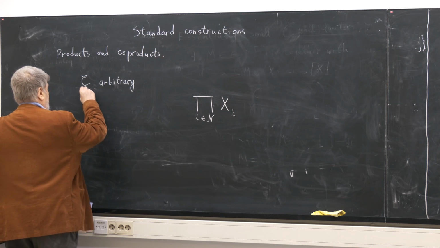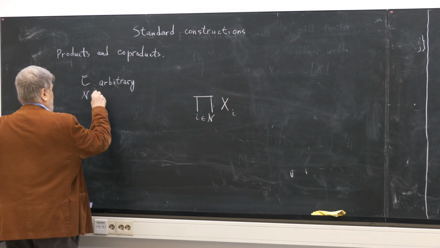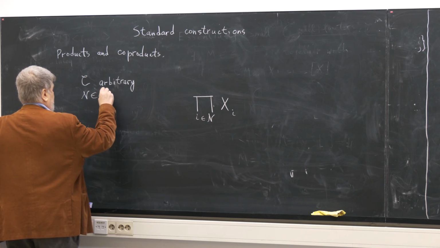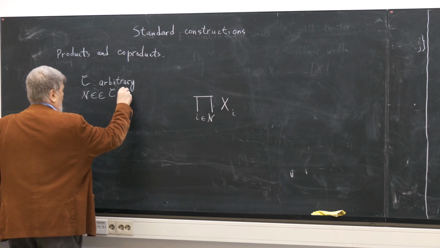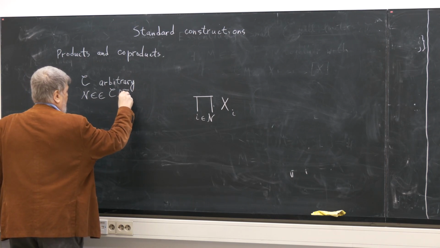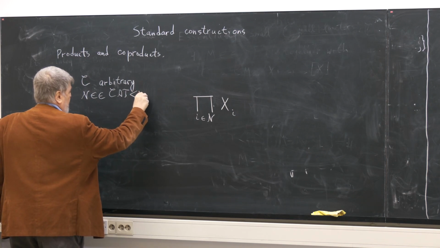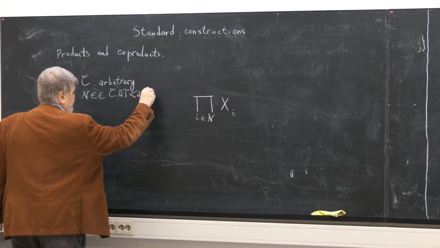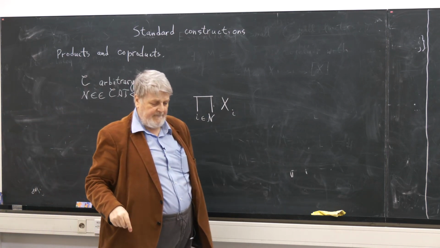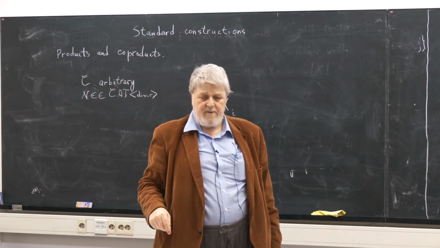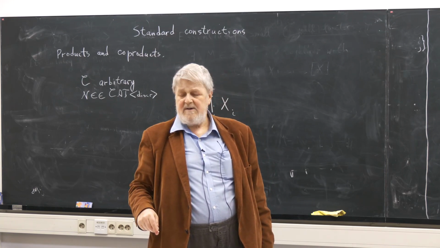N is, as we have discussed, a small discrete category. It rather means that in this definition, we're not going to use any structure on the set of indices.